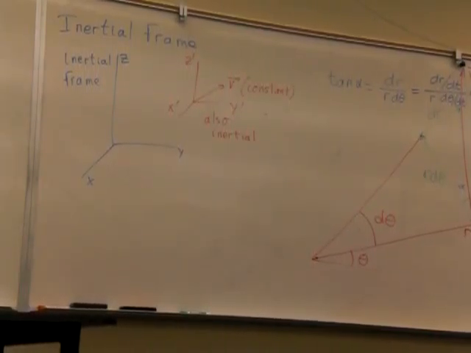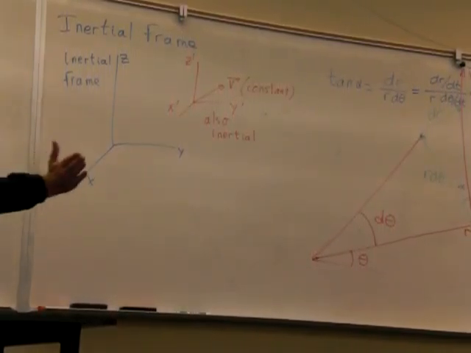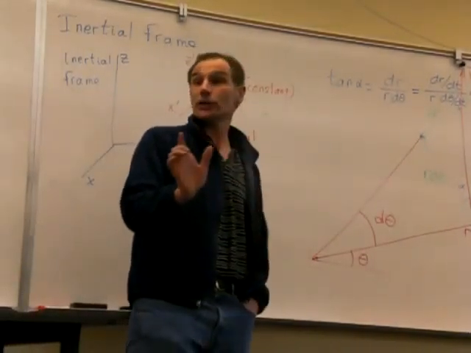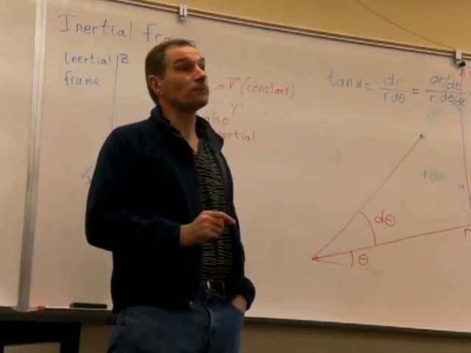But for instance, if you're inside a car and you study the motion of something inside the car, and the car is speeding up, or the car is going into a curve, the frame attached to the car is not an inertial frame.